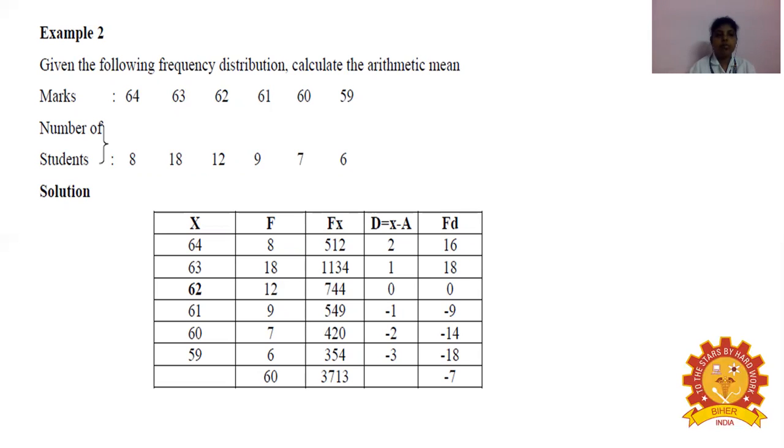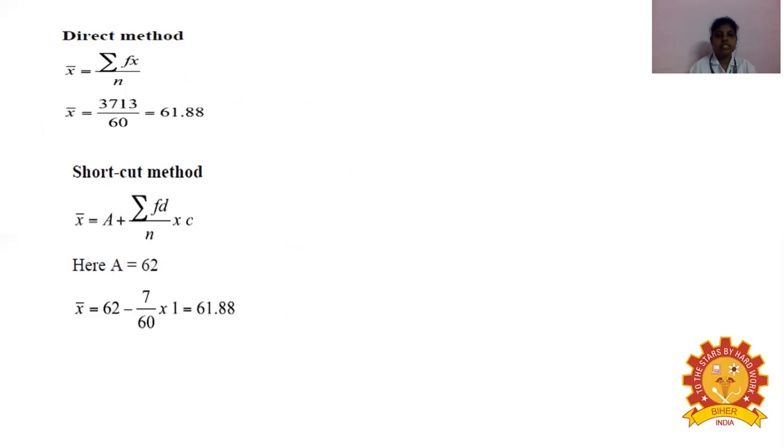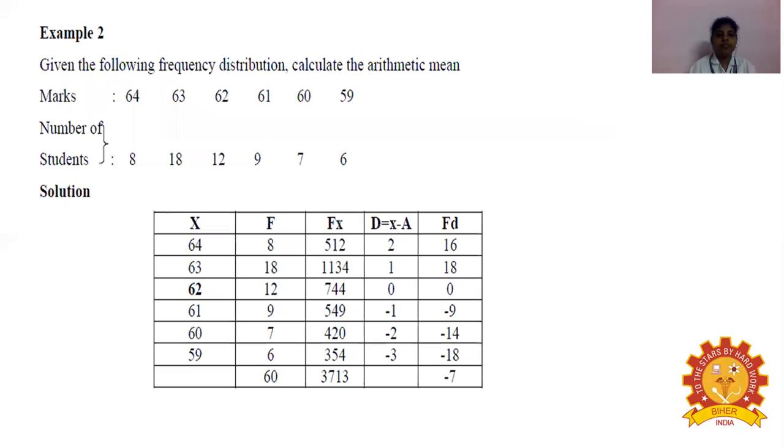First write the marks in the first column: 64, 63, 62, 61, 60, 59. Next write the frequency f: 8, 18, 12, 9, 7, 6. Now summing up all the frequency values, we get 60.